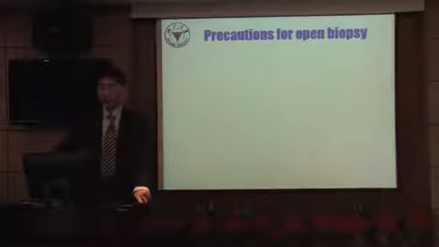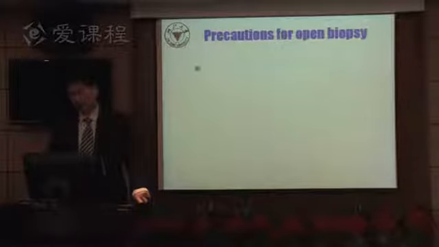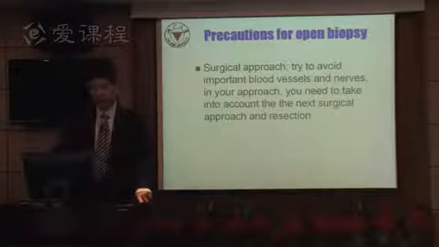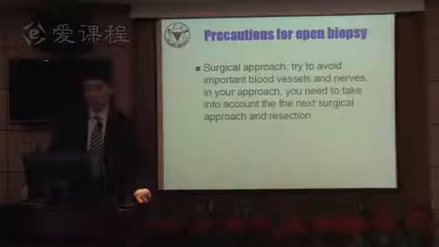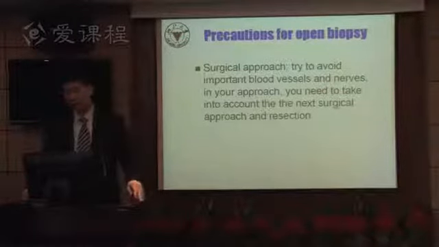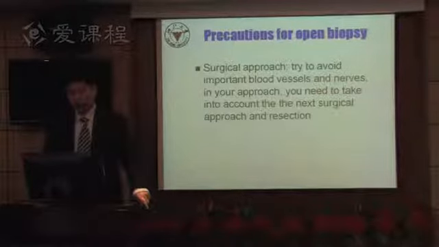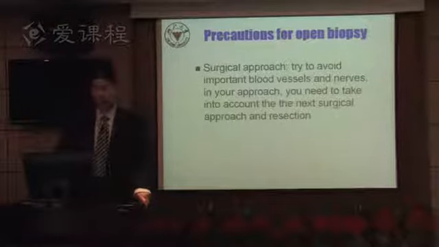We have precautions for open biopsy. If you want to do an open biopsy, you should follow these things. First, the surgical approach. We try to avoid important blood vessels and nerves, and in the approach, you need to take into account the next surgical approach and the resection surgical approach.